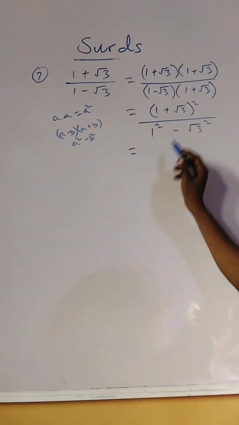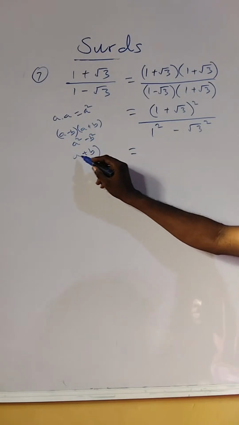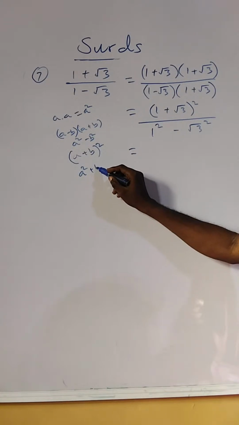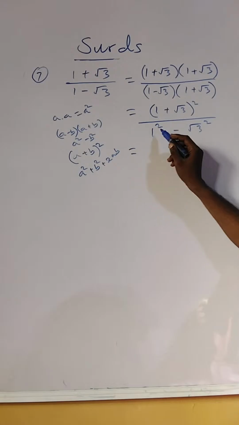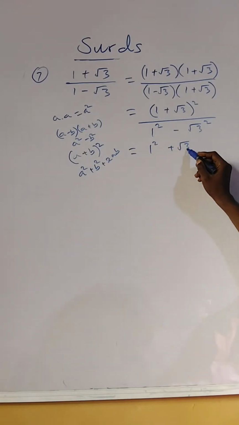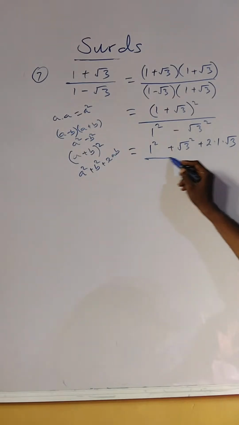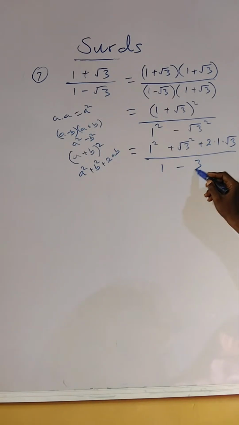Next step, we expand these brackets. When we have a plus b whole squared, we can express this as a squared plus b squared plus 2ab. Here we have 1 squared plus root 3 squared plus 2 times 1 times root 3 divided by 1 squared is 1 minus root 3 squared is 3.